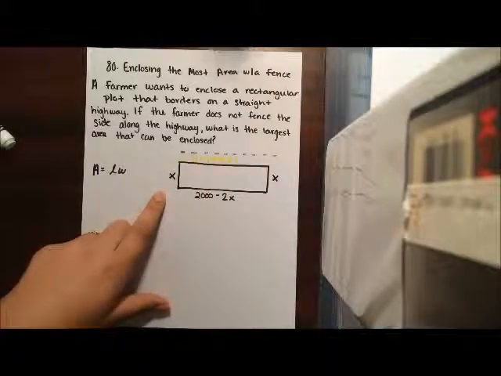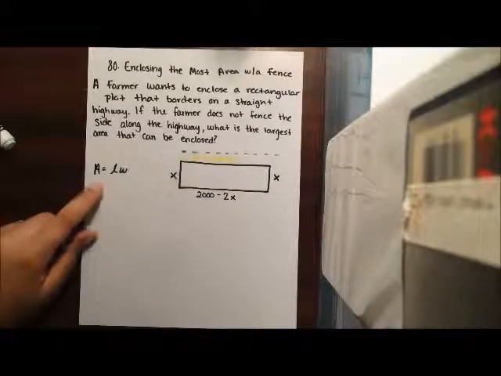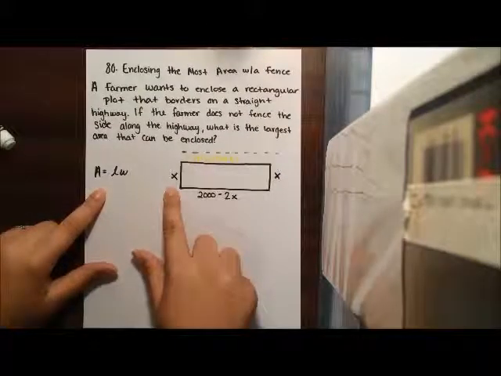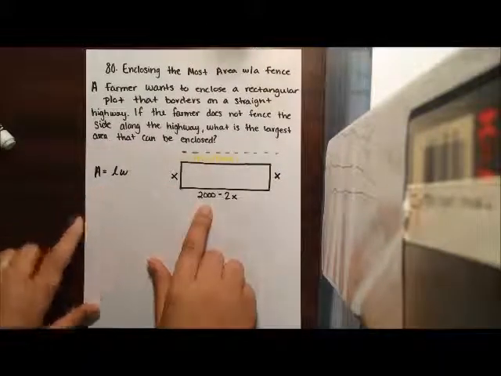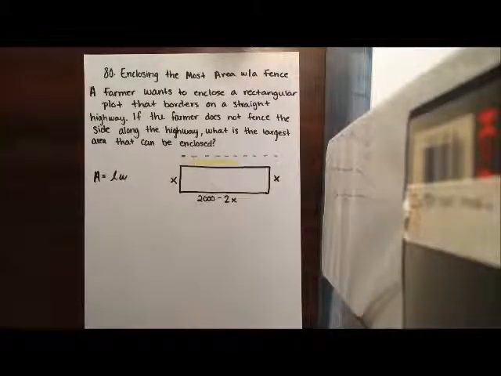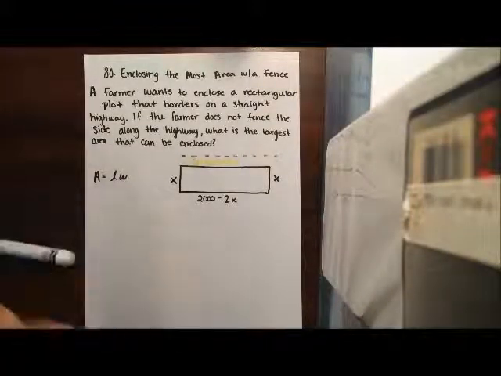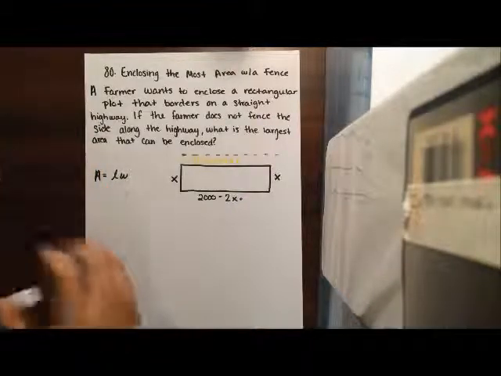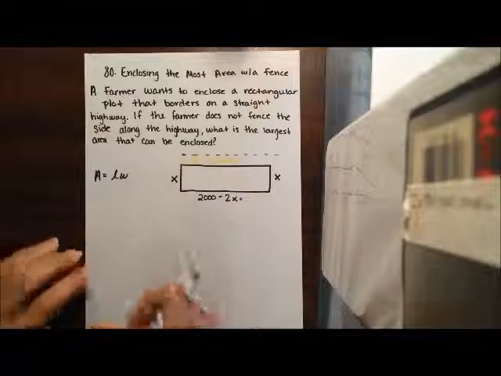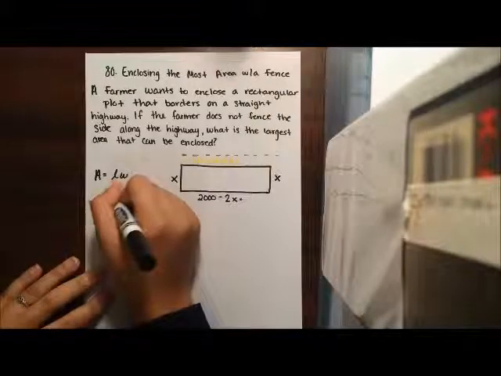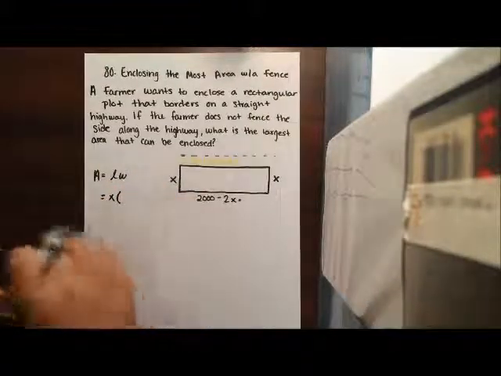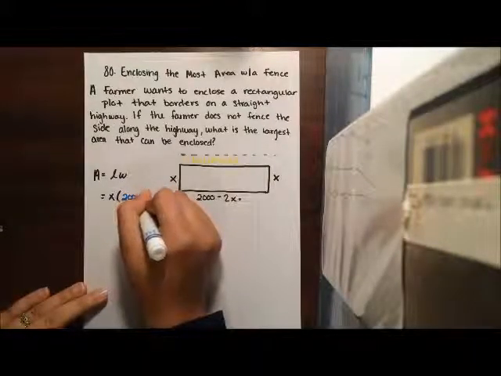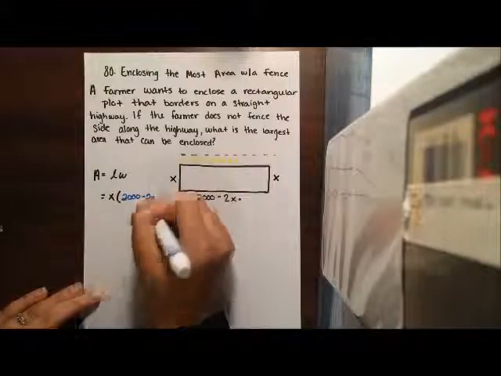So in order to find the area, first we must multiply length times width. In this case, we have x as our length, and this is our width. So we're going to say that our width is blue. Length can be black. So area equals length, which is x, times your width, which is 2,000 minus 2x.